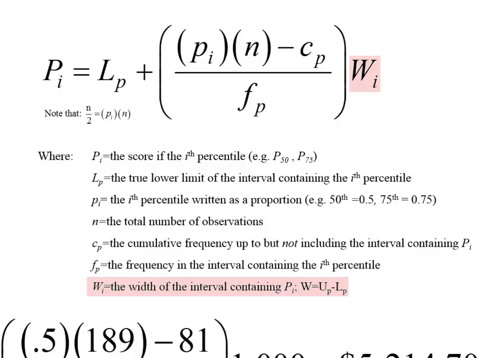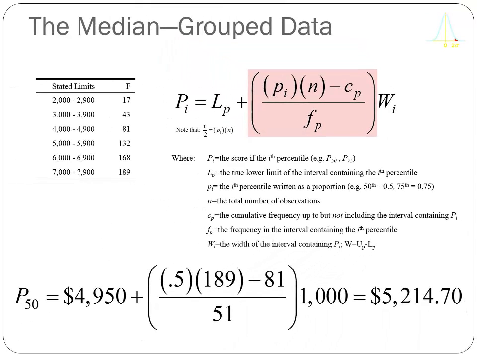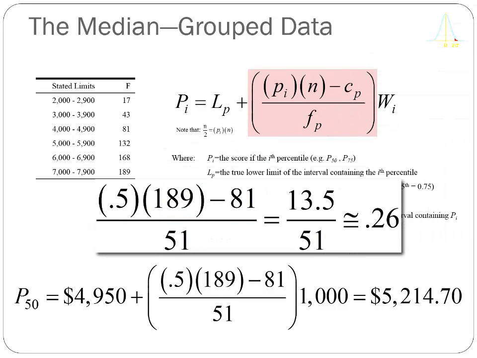So looking at the formula a little bit, the part within the big parentheses basically tells us the proportion of the way through the interval that contains the median we have to go to get to the median value. That is, 94.5 minus 81 is our 13.5. We know we have to count 13.5 cases into the interval.